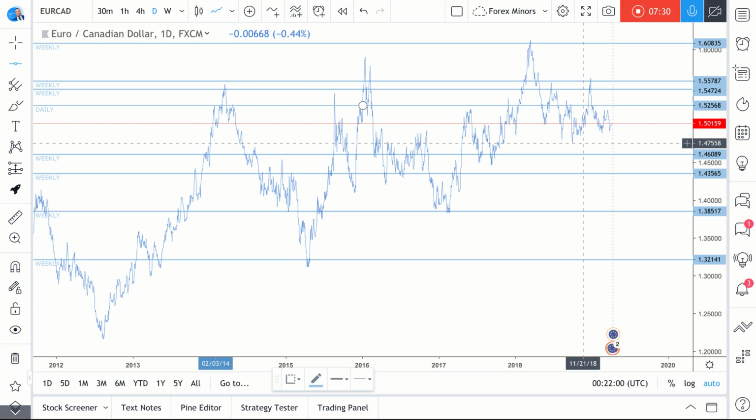I mean, any resistance on the other side. So when you have support on this side, right here with this spike, you want on the other side for there to be some resistance somewhere along this line. And I'm just not really seeing it.